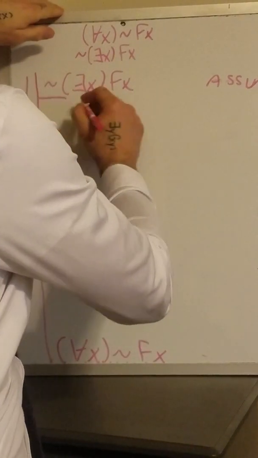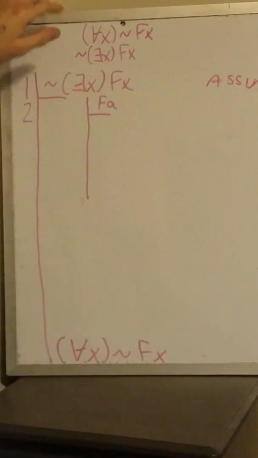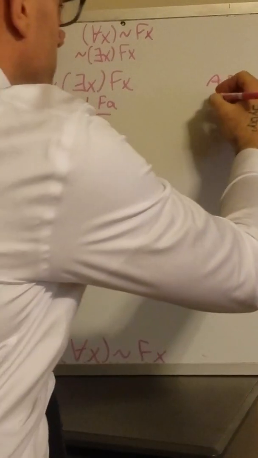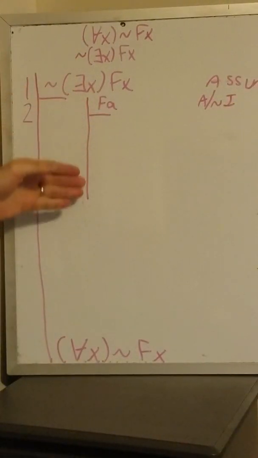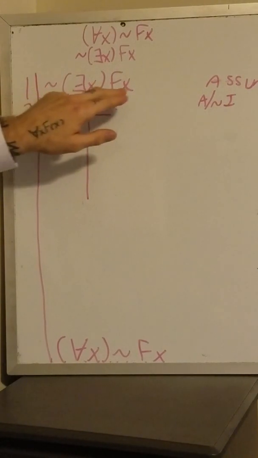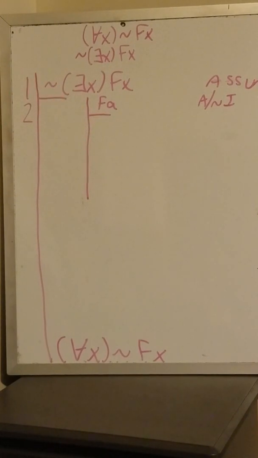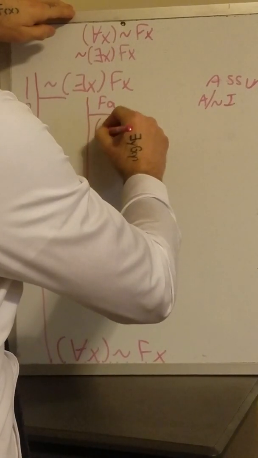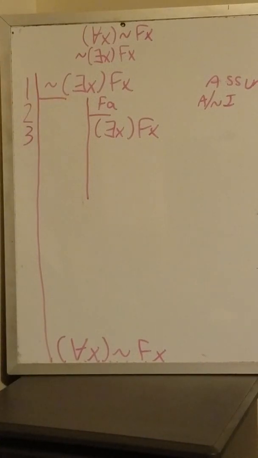All right, so suppose that we just assume there's this thing, FA, for purposes of negation introduction. And it should be clear that we're going to get a contradiction in here because our starting assumption is that nothing is F, and we're assuming that there's this thing A that's F. All right, so we're going to use one of the easy rules, existential introduction on line 2.